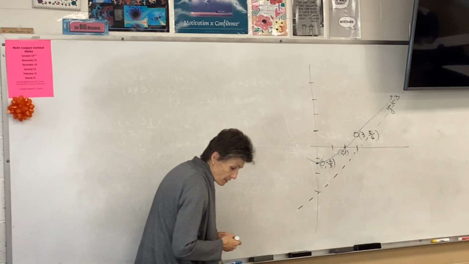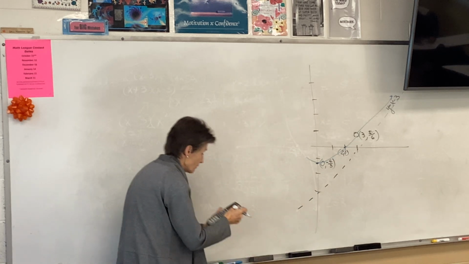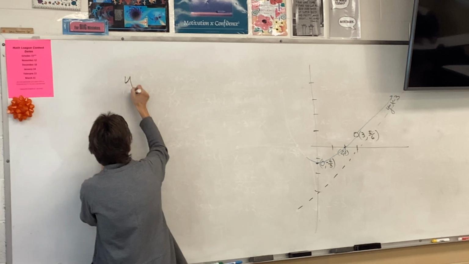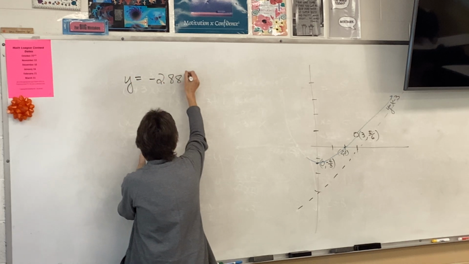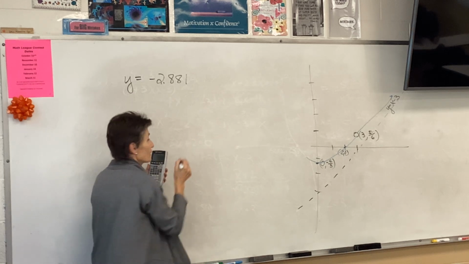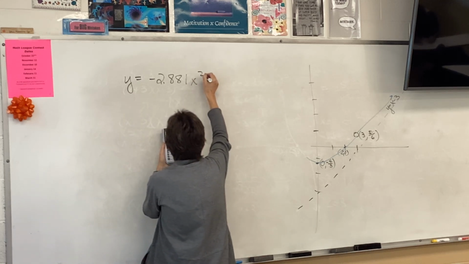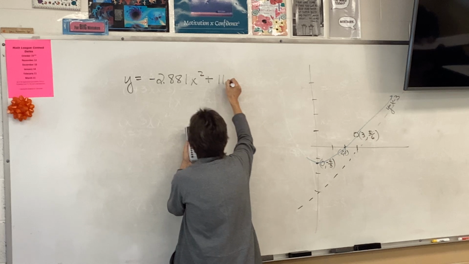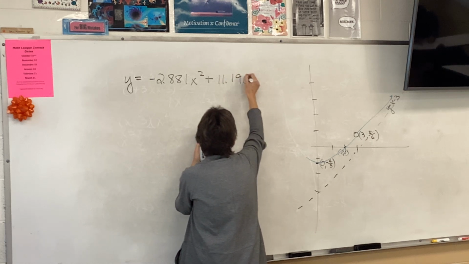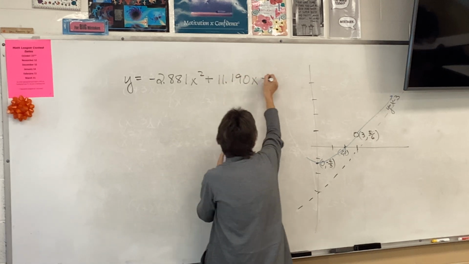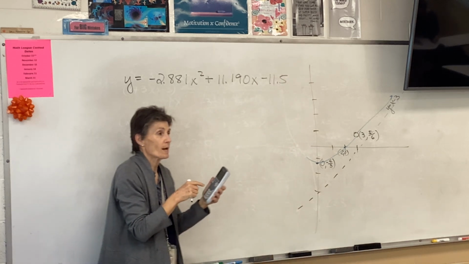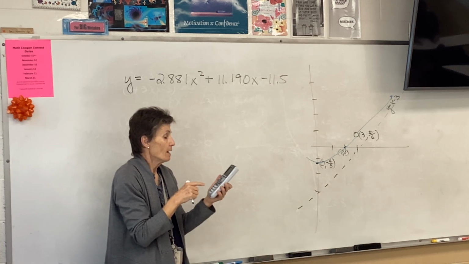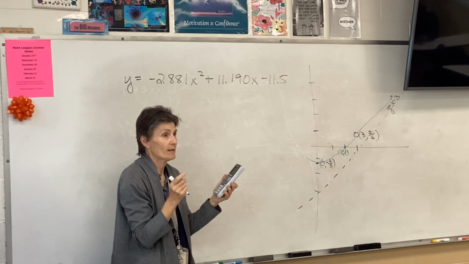Alright, so our equation, here's what I got, see if this is what you got. I got y equals negative 2.881, does that look right? Okay, x squared plus 11.190x minus 11.5. And I'm gonna note, I have an r squared of 0.99928.